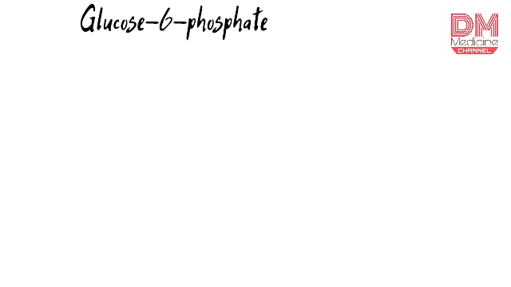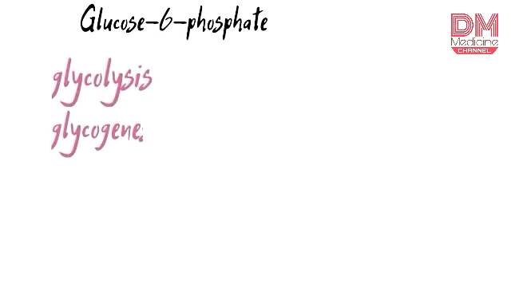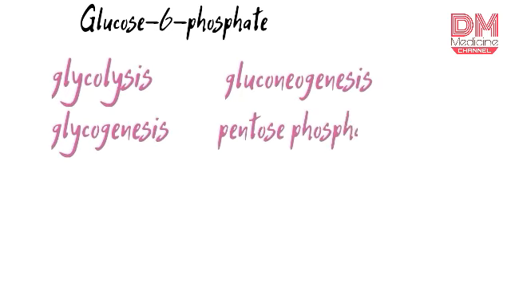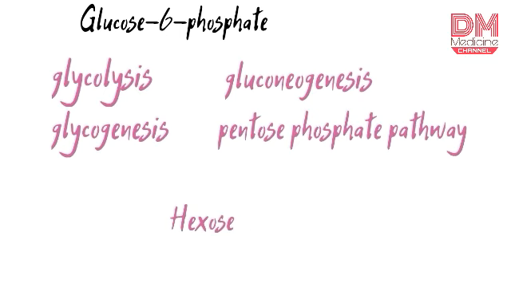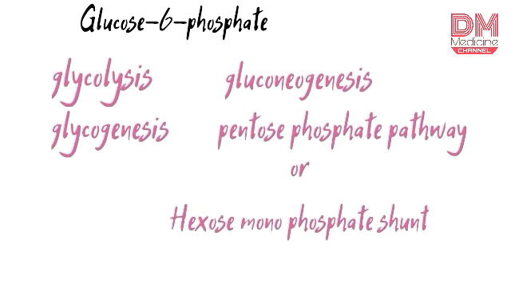So glucose 6-phosphate is a central metabolic molecule with a variety of metabolic fates like glycolysis, glycogenesis, gluconeogenesis and the pentose phosphate pathway or hexose monophosphate shunt.